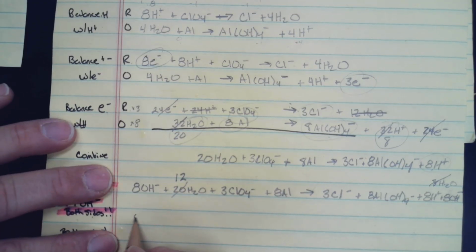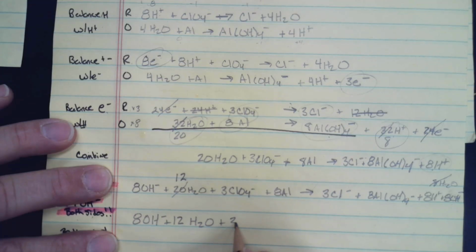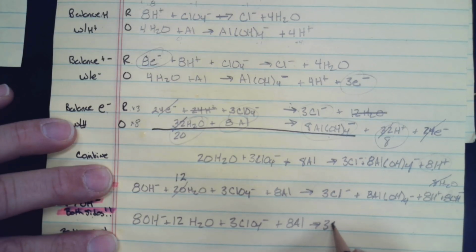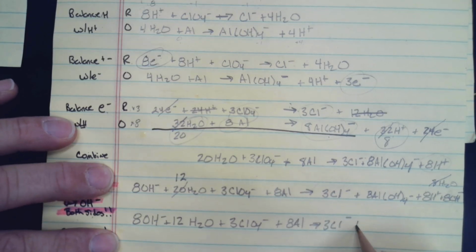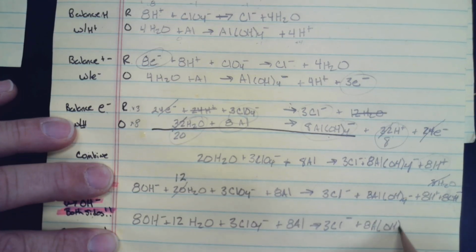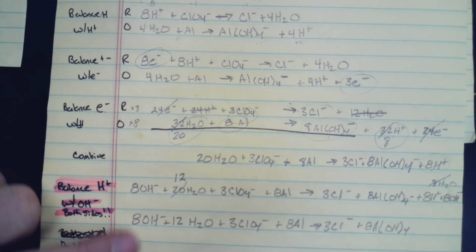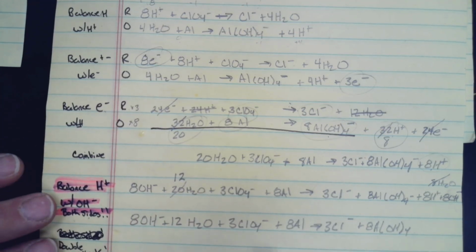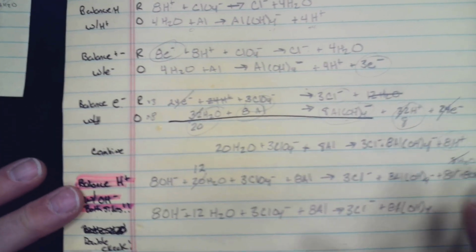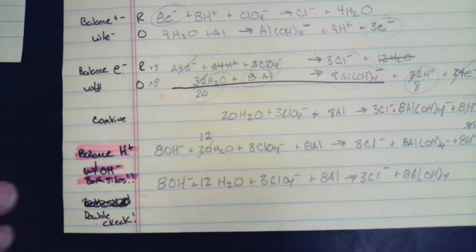So now my real answer... it's a lot of little steps. It's really easy to make a mistake. So take your time and do it. But the nice thing is we can double check at the end. We always want to double check that my charges on both sides are the same.